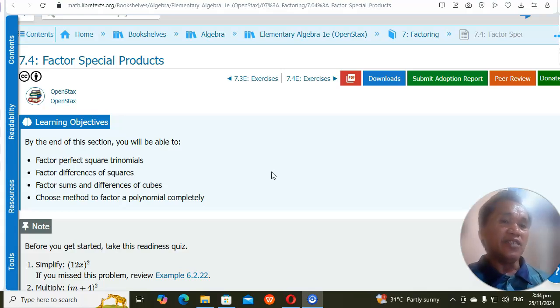So these properties of equality will guide you and will help you to be able to operate effectively the algebraic expressions.